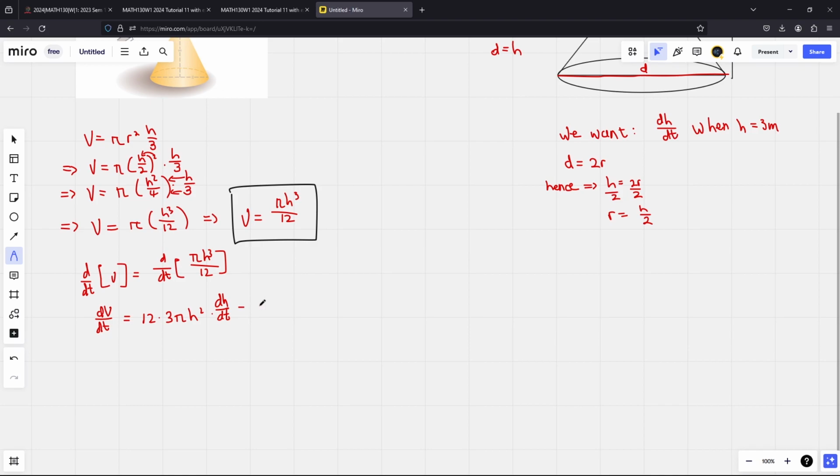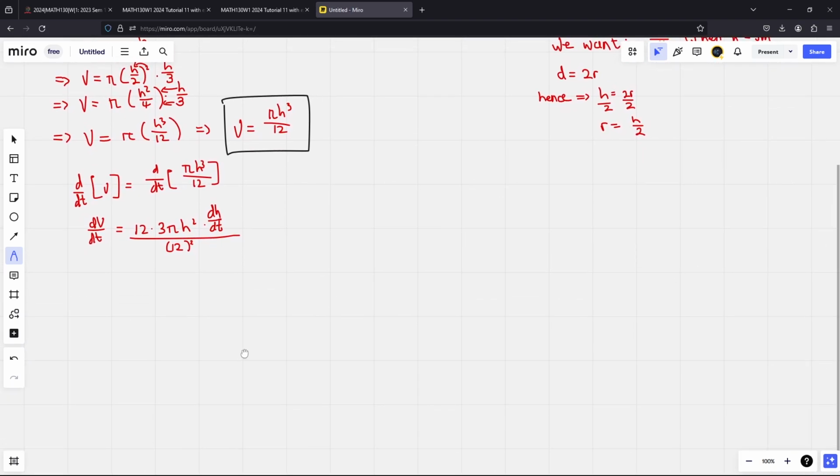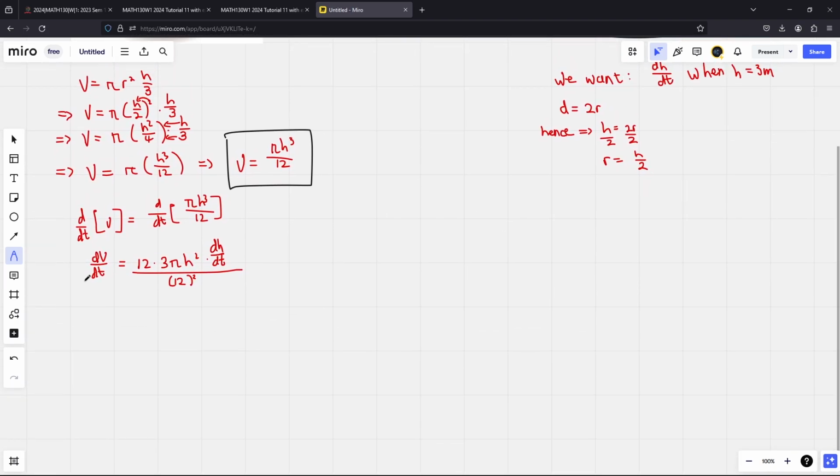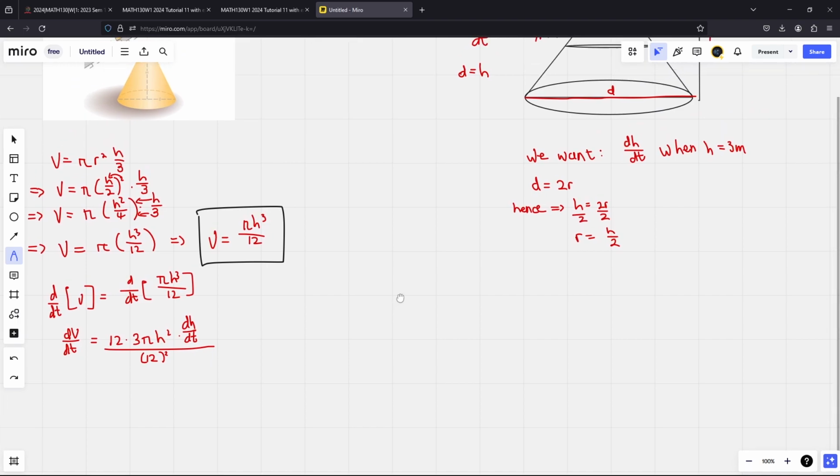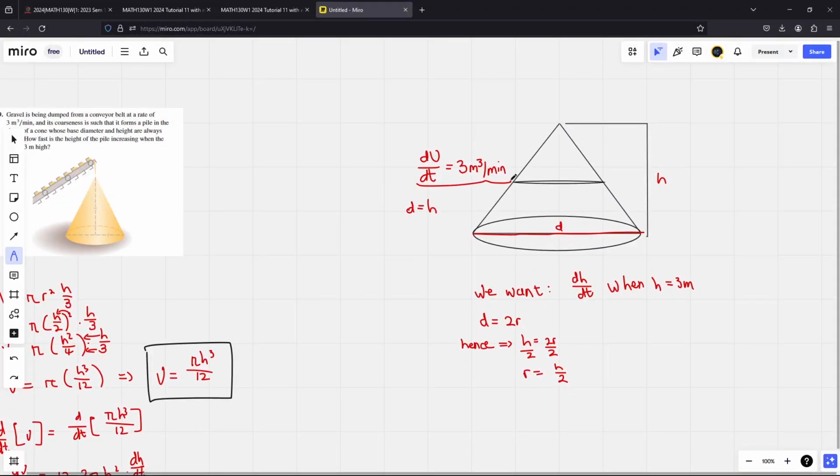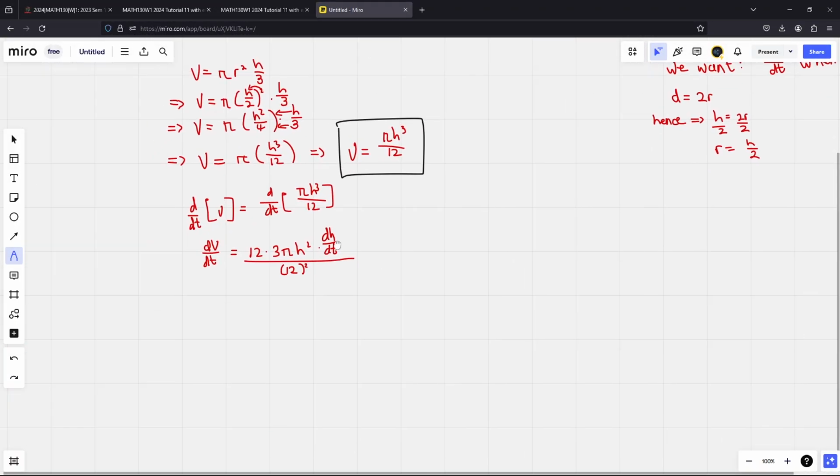On the other side, we have the derivative of the bottom function multiplied by the top function, which is just going to be 0, so we don't have to write that, all over the bottom function squared. Notice that dV/dt means how fast the volume is changing with respect to time, and dV/dt is 3.